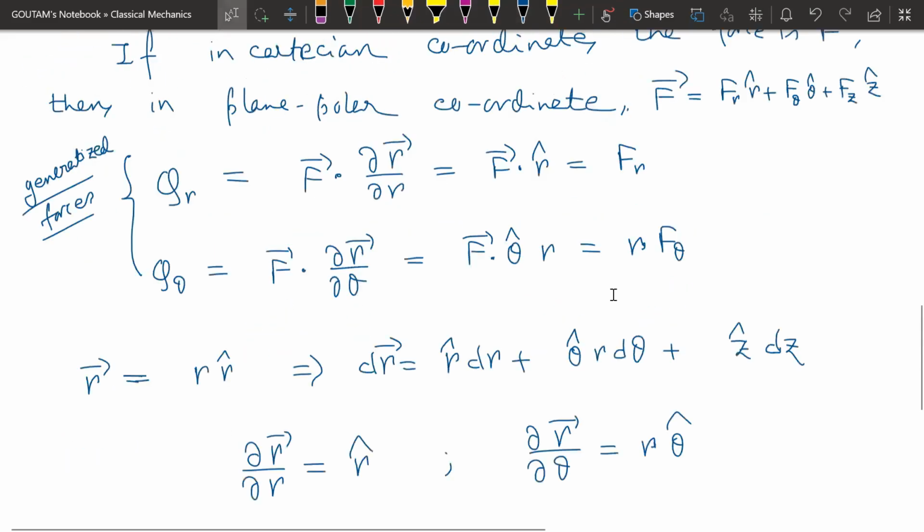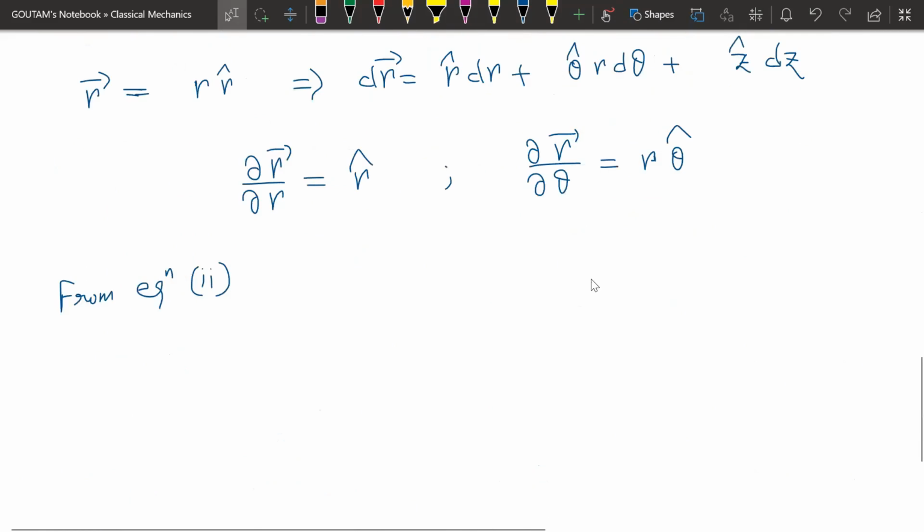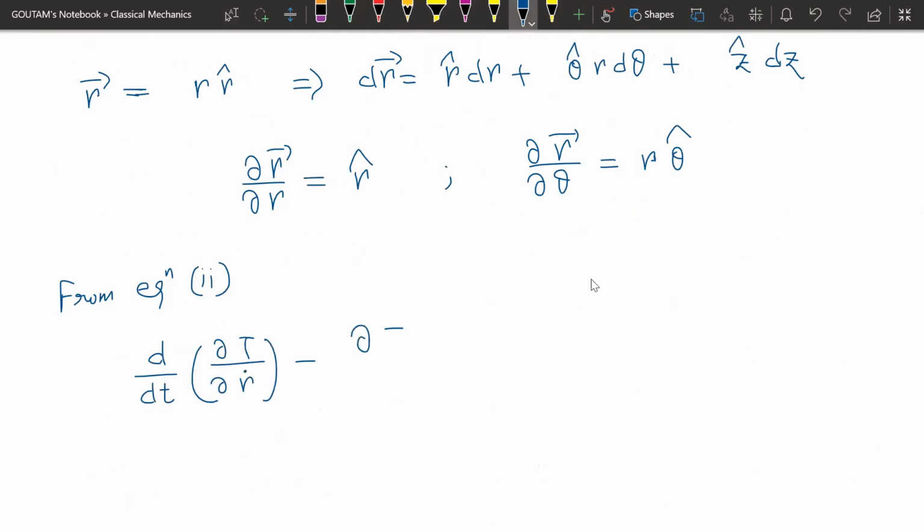Along the r direction, we will get d/dt of ∂T/∂r dot, minus ∂T/∂r, equal to Q_r.